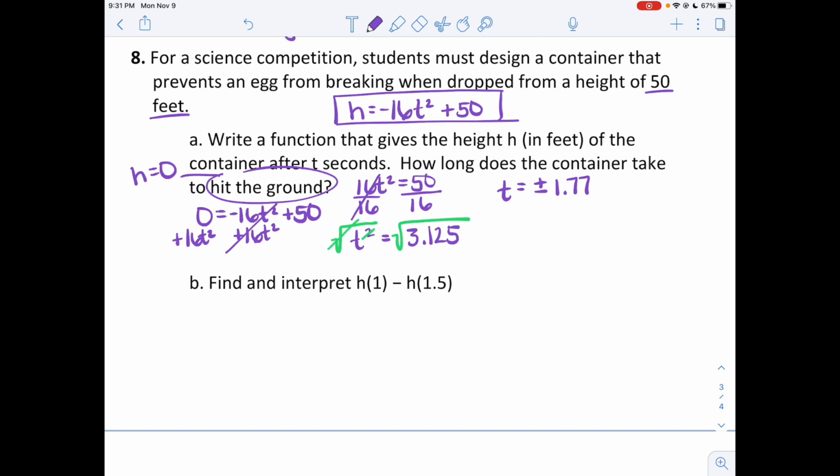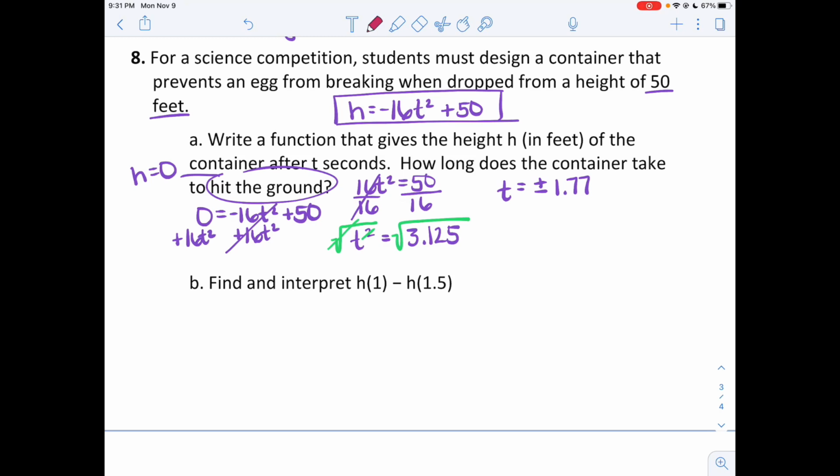Now think about that for a minute. The t is standing for time, and so this is saying either a positive 1.77 seconds, so a little less than 2 seconds, or a negative 1.77 seconds. Well, a negative value for t doesn't make sense for time unless you have a time machine, and then please share.